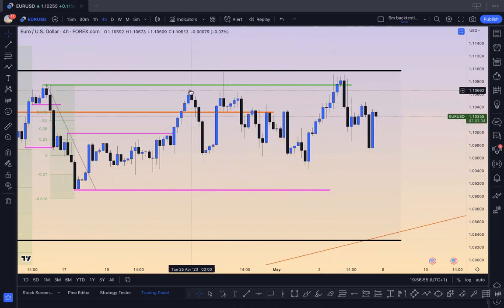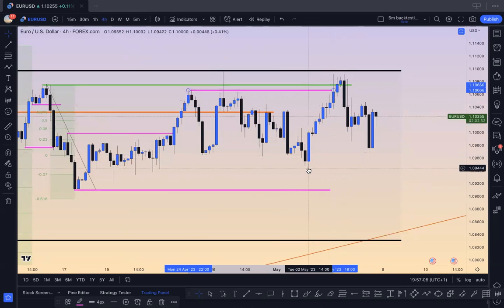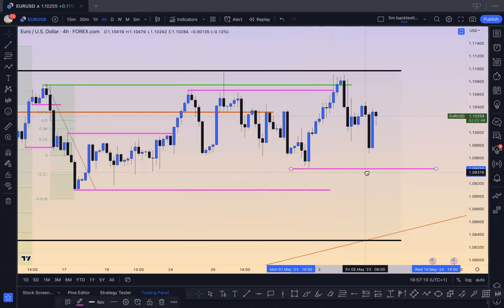Now, this was the high. And it got broken here. And so my new lowest point would be this one. This would be the new lowest point.